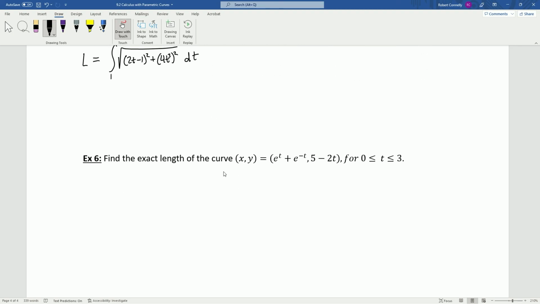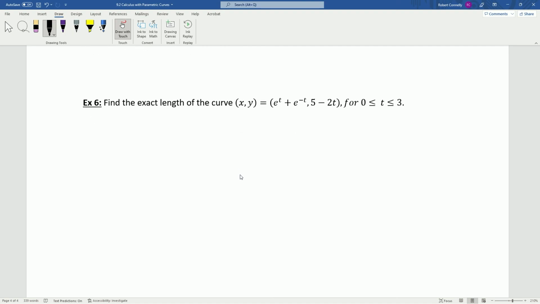Okay, so let's take a look at this example, find the exact length of the curve. So similar problem, but this time we've got to actually work out all the details. So we're going to start the same way by finding dx/dt. And that's going to be e to the t minus e to the negative t. That's just the chain rule there.